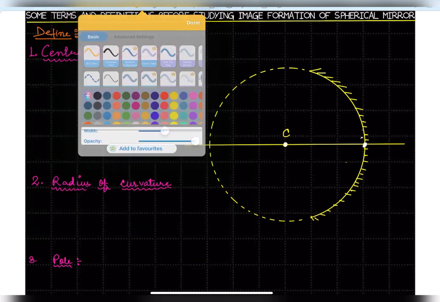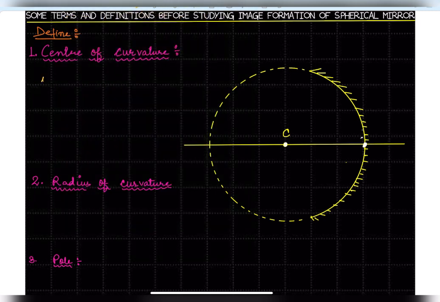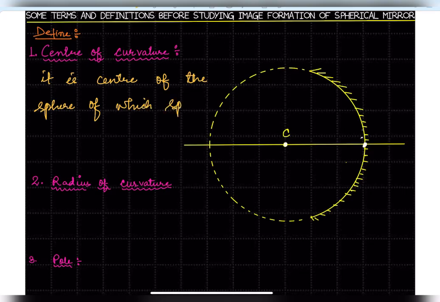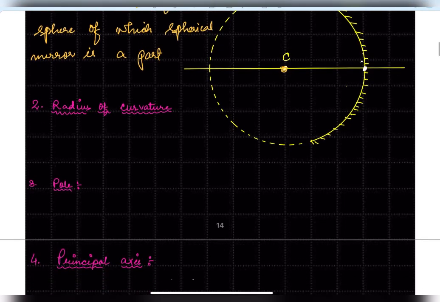It is the center of the sphere, of which the spherical mirror is a part. From where you are taking out the mirror, that center is called center of curvature.